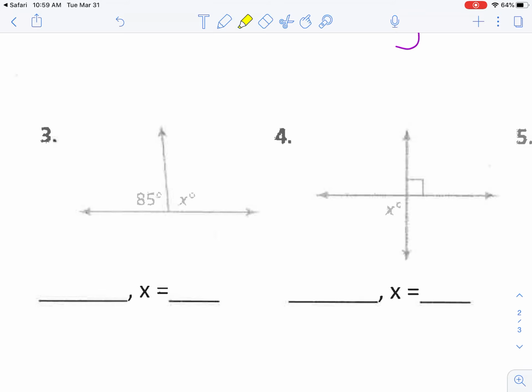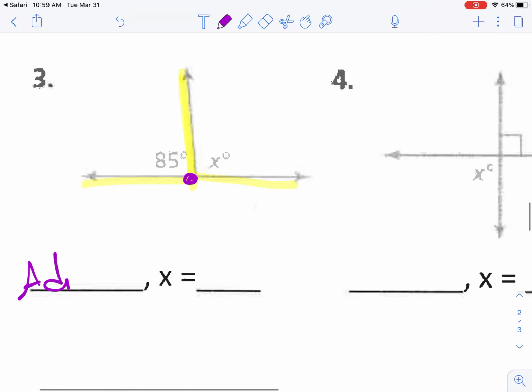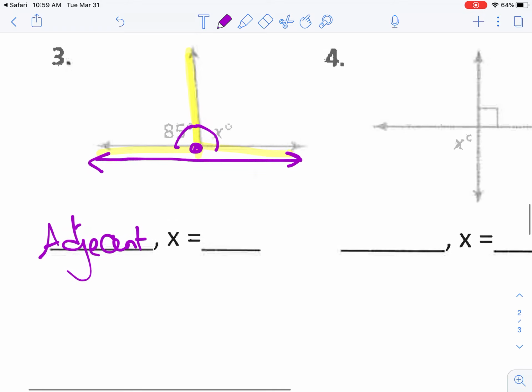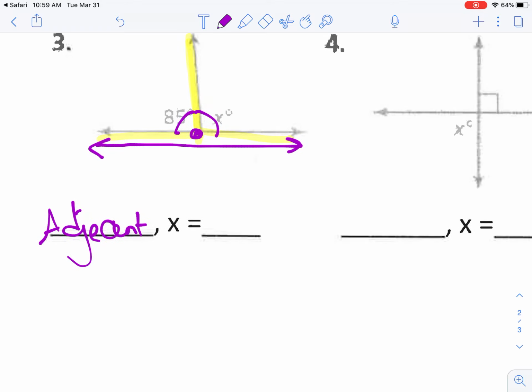Okay. Looking at number 3. This angle shares a common side. It shares a vertex. So we're going to say that this is adjacent. Okay, what do we know about this straight line? They must equal 180 degrees. So this angle plus this angle needs to equal 180 degrees since it's a straight line. Okay, so I'm going to do x plus 85 needs to equal 180.